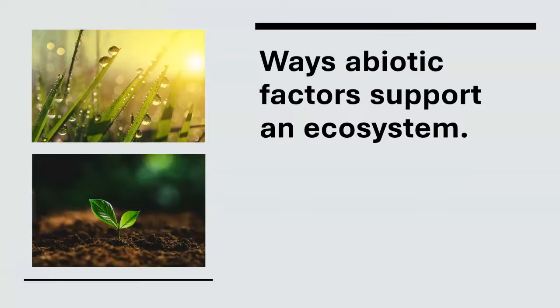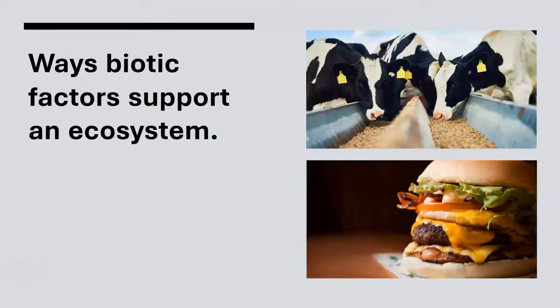We usually get sediment that makes up our soil eventually. And we also have rain or precipitation that nourishes our producers. And because we have plant growth, we are able to have biotic factors.